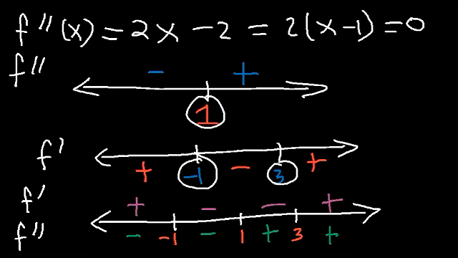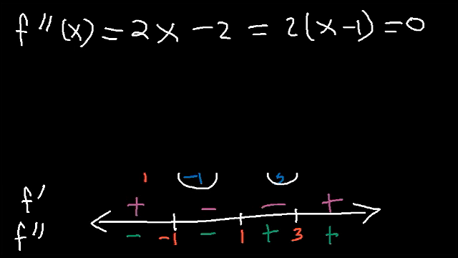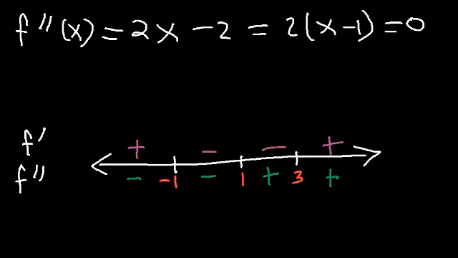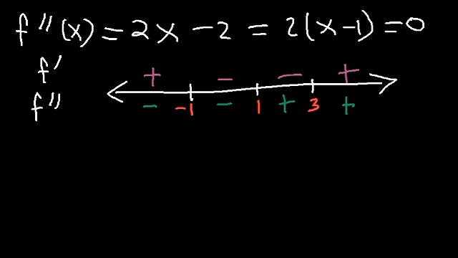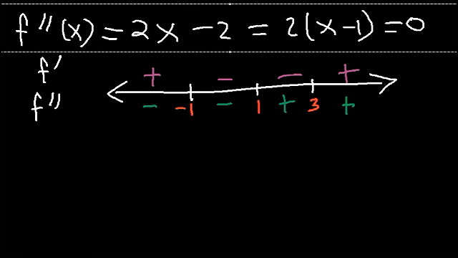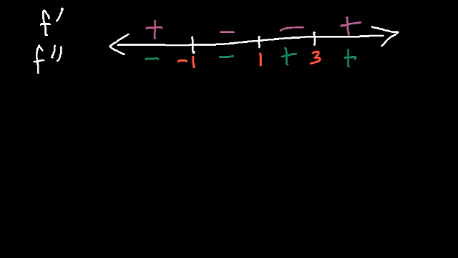So once you combine the first and second derivative into a single number line, now we can draw a rough sketch of the graph. We don't need this anymore. Now, what type of shape do we have if the first and the second derivatives are both positive?